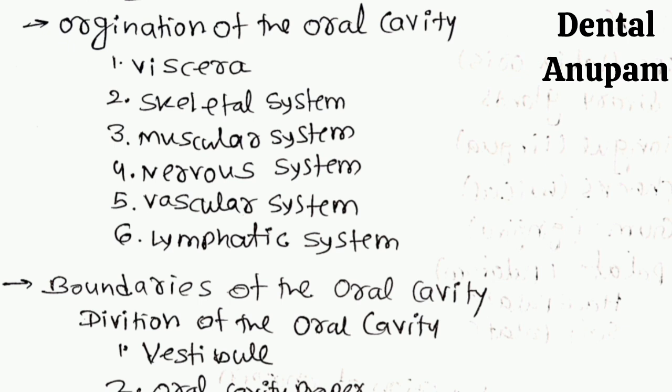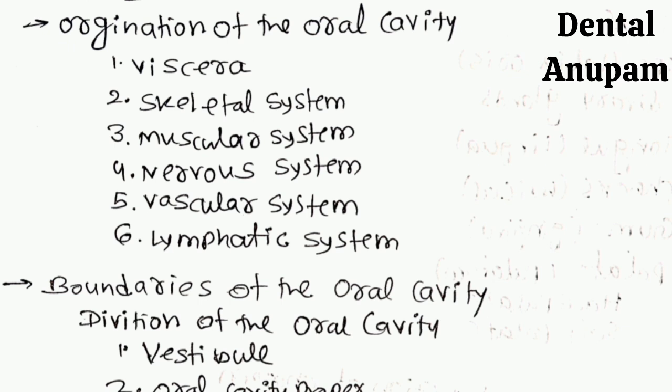Fifth is the vascular system. The vascular system consists of arteries and veins which help in the supply and drainage of blood respectively to and from the tissue and viscera.